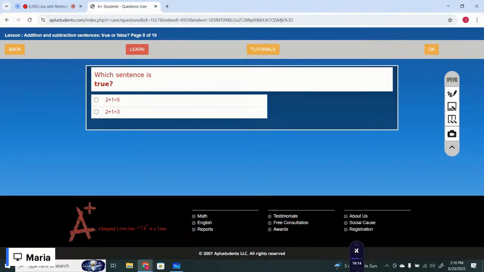Which sentence is true? 2 plus 1 equals 5 or 2 plus 1 equals 3, which is the correct option? Option number 2 is the correct option. That is 2 plus 1 equals 3.